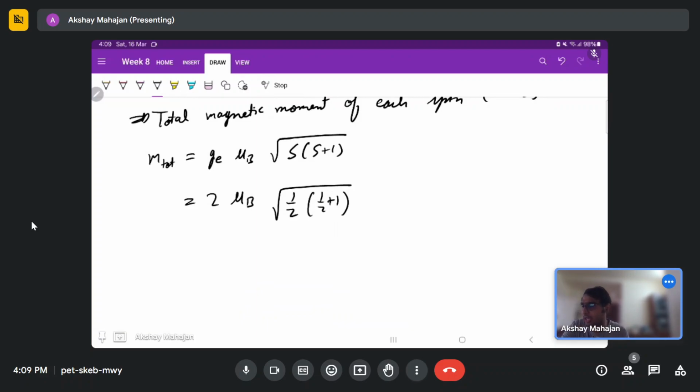If you calculate it, you will get m total equals root 3 times mu_B.